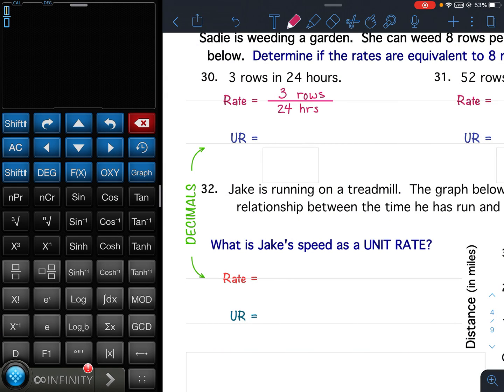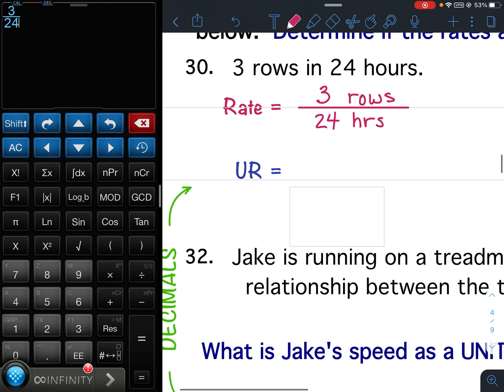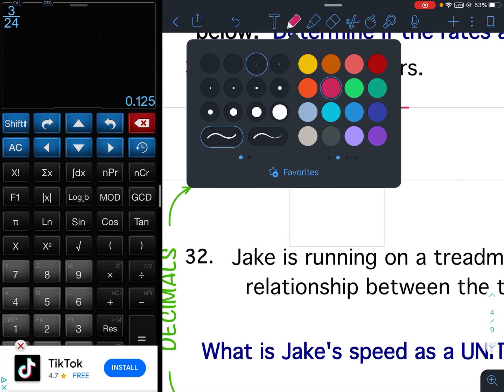Start with the fraction button. 3 over 24. Notice it wasn't automatically the larger number over the smaller number. All right, I did 3 over 24, and that gives me the decimal 0.125.